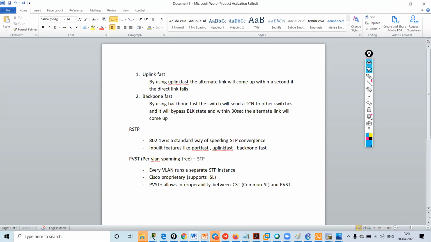But this is not used anymore. This is a legacy method. Now PVST plus allows interoperability between CST and PVST in Cisco switches.